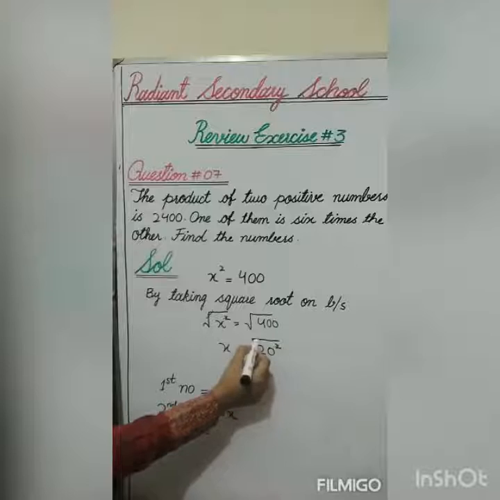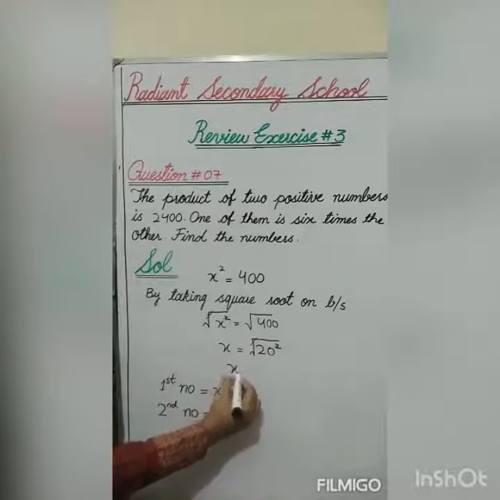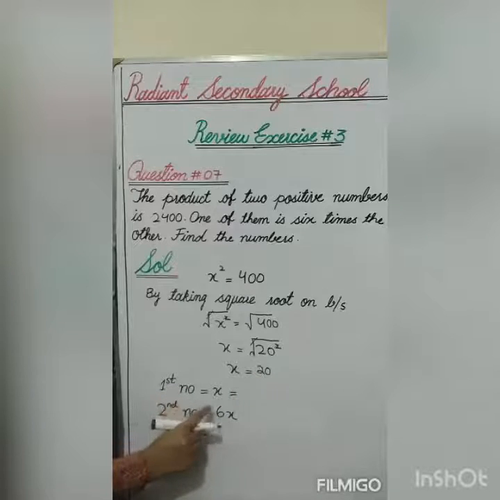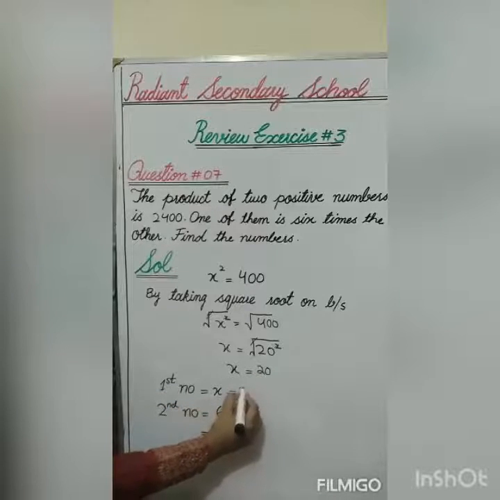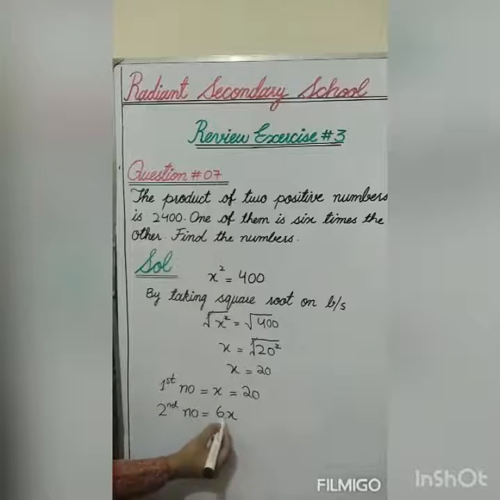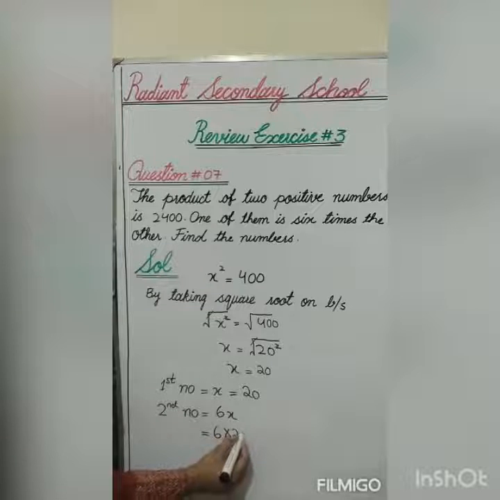Now the square and square root will cancel out and we will get x equals 20. It means that first number, that is x, is equal to 20. Now we have to find both numbers. So second number is equal to 6x. Now by putting the value of x, 6 into 20, we will get 120.